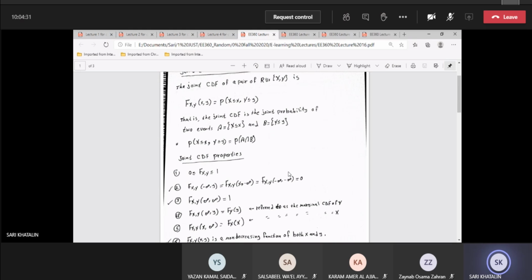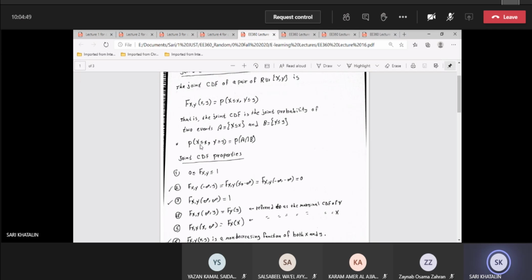Again, as with the single random variable, when we talked about properties of a single random variable, the joint CDF also has some properties, and they are very similar.